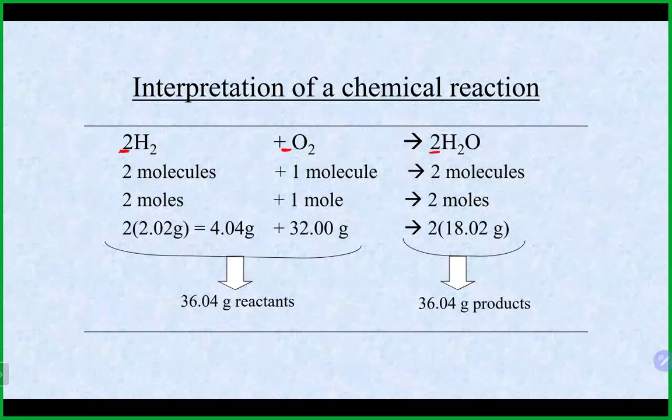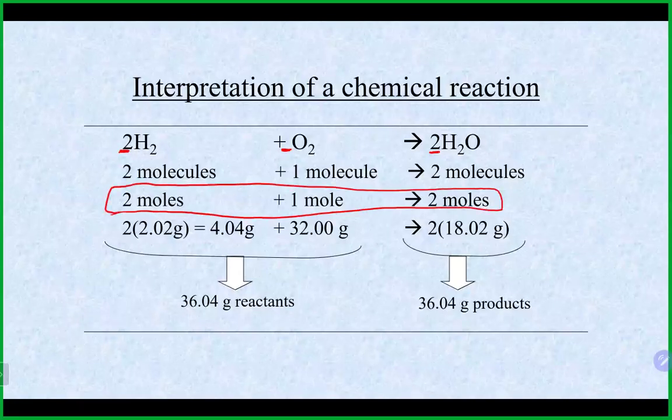Those numbers that we put in front to balance the equation, we use as conversion factors. For example, if you have an equation such as the one up here, you could look at those coefficients and say 2 molecules of H2 react with 1 molecule of O2 to form 2 molecules of H2O. The relationship that we use pretty much solely with stoichiometry is the next relationship, sometimes referred to as the mole to mole relationship.